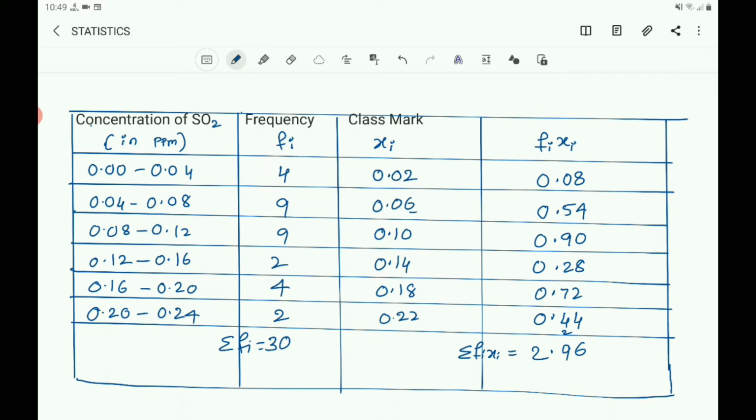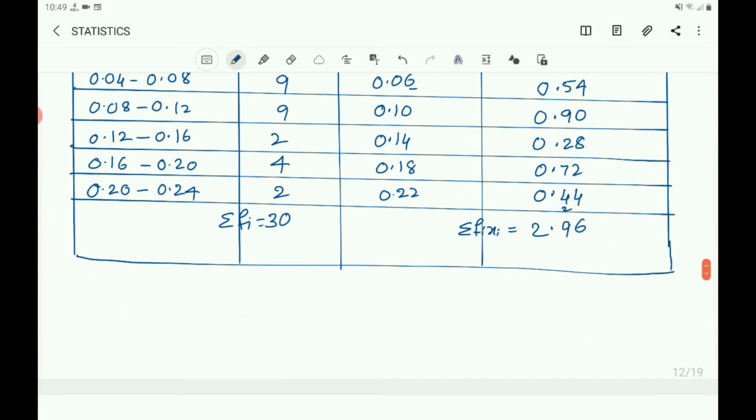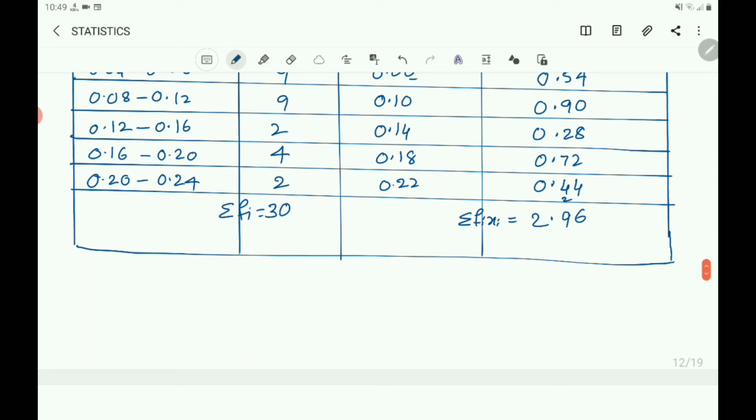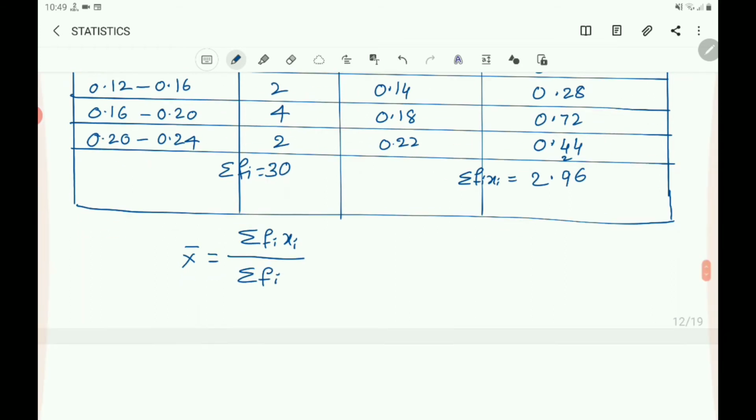Then write the formula for x bar. X bar equals summation of Fi xi divided by summation of Fi.